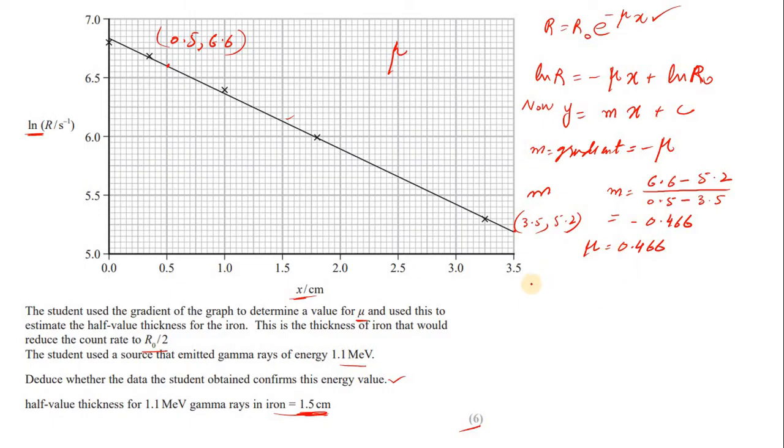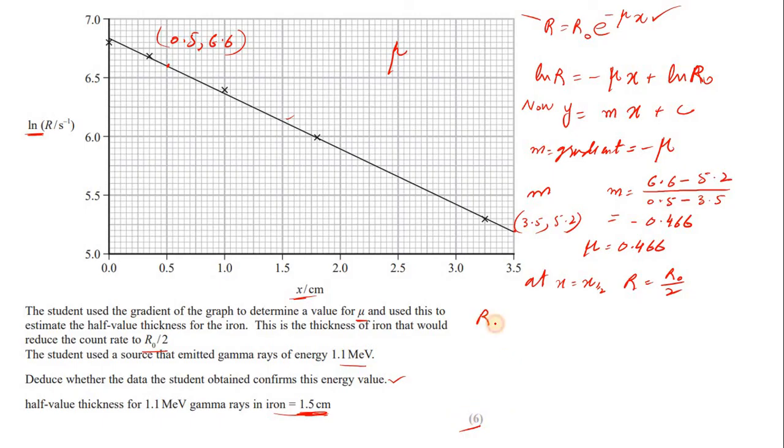Now at half thickness, at x equal to the half thickness, not half of x but x of half thickness, the count rate R would be half of the original value. This is the relation, R equals R naught upon 2, and you can substitute this here.